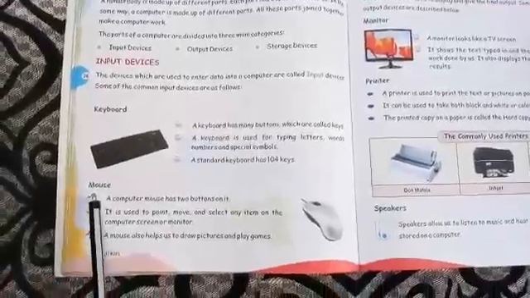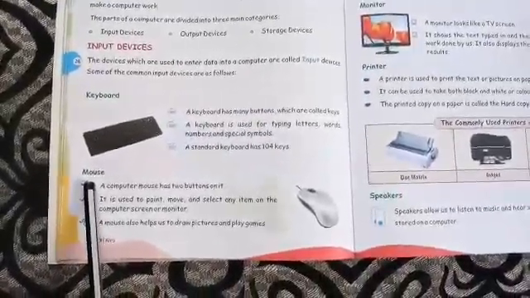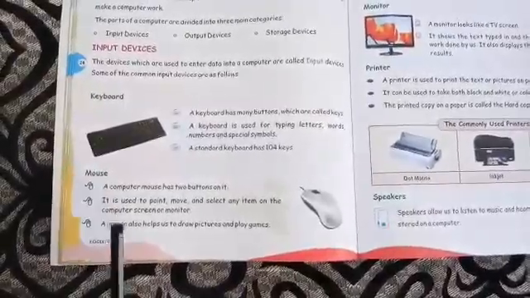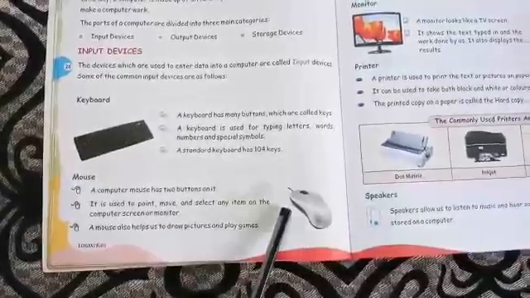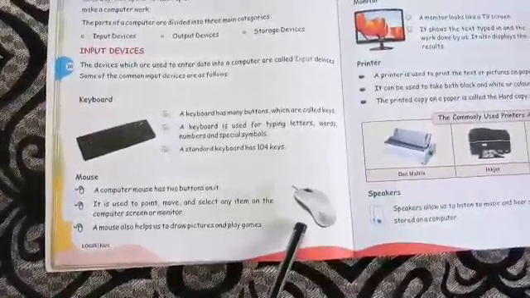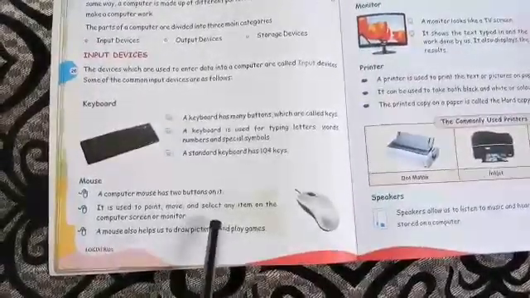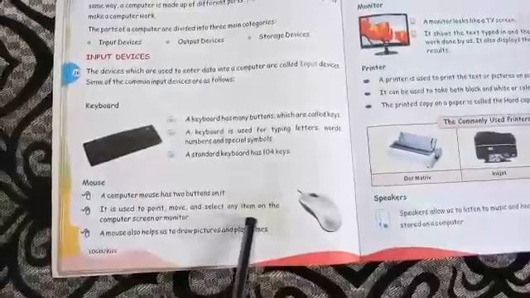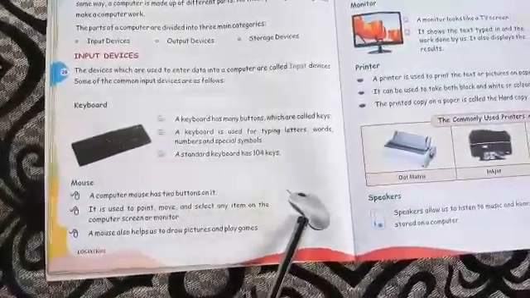Now children, let us see about a mouse. A computer mouse has 2 buttons, right button and left button. And what is it used for? It is used to point, move, and if we want to select any item on the computer, we can use this mouse.